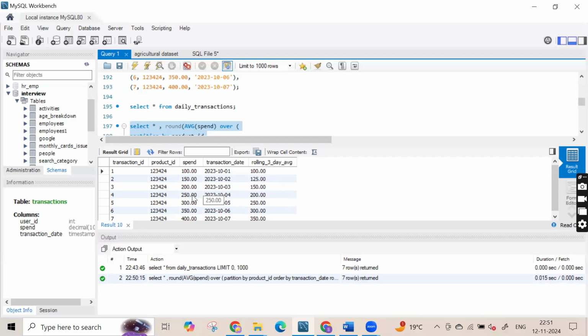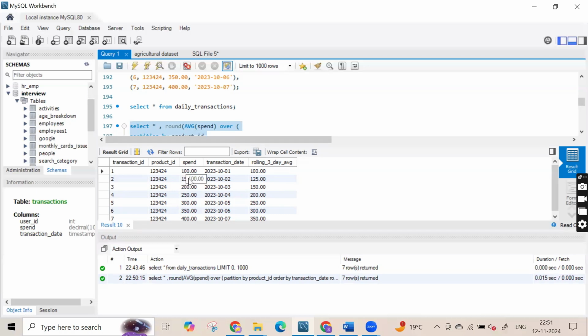And now if you look at this, 100 plus 150 is 250, 350, 450, 450, 500, 600, 700. If you divide it, in this case you are not dividing by 4. In this case you are only taking these three values.